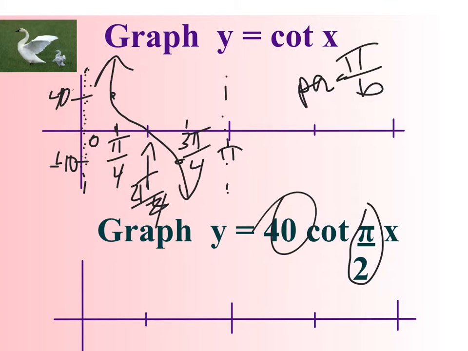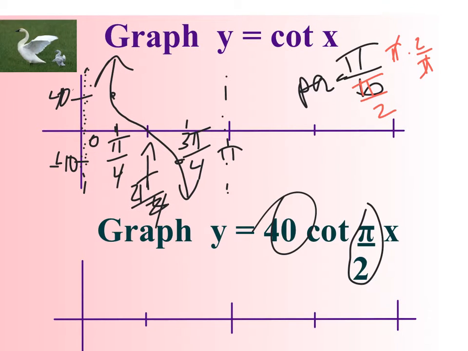Okay, so then I got to put the pi over 2 right here. And if you're good at flipping, you realize this is pi times 2 over pi, and then the pi's cancel, so the period is just 2. Notice not 2 pi, just 2.